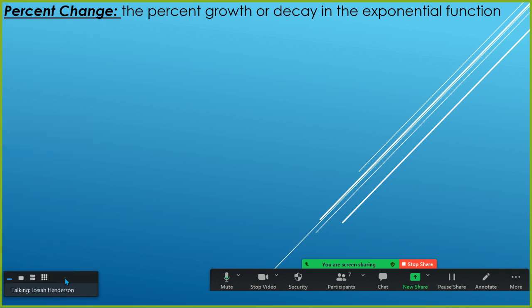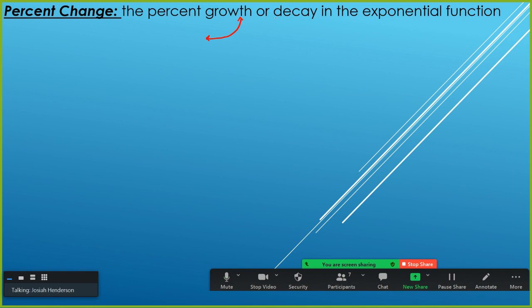So this first topic is called the percent change. So we need to figure out when we're dealing with an exponential function, what is the percent that it's growing or decaying? So remember, growth means it's getting bigger, obviously. Decay means it's getting smaller. So if it's a growth problem, its graph would be this style.